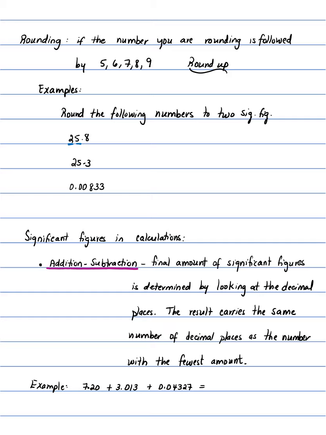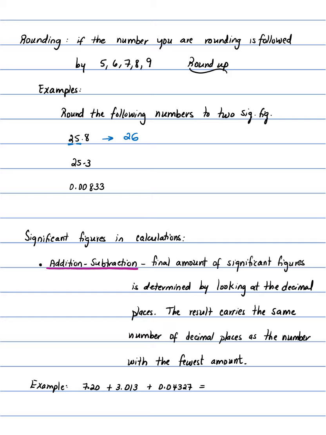Okay? So you have 25.8 and you're rounding to 2 significant figures. So that digit after the 5 is an 8, which means that when you're rounding, you have to round up. So your number here rounded to 2 significant figures is going to be 26.